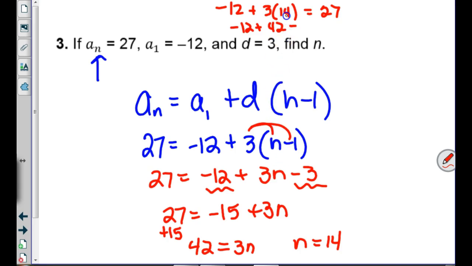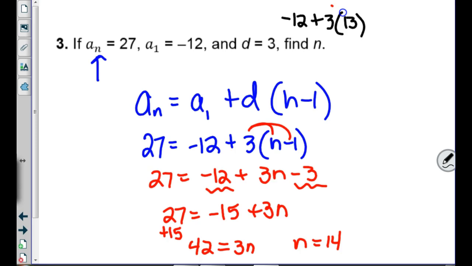Oh, this should be 13, because it's n minus 1, 39, and then it is 27. Okay, it's checking. I forgot to subtract the 1. So if you were checking it, you would say the first term had 3 added to it 13 times, because it's 14 minus 1, and that should be 27, and that works.